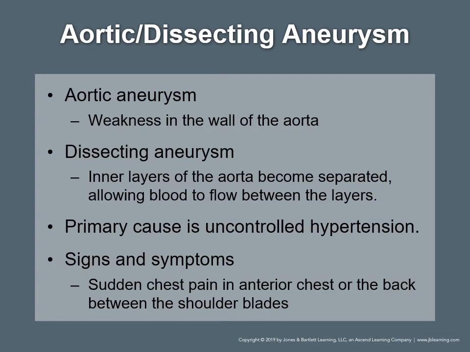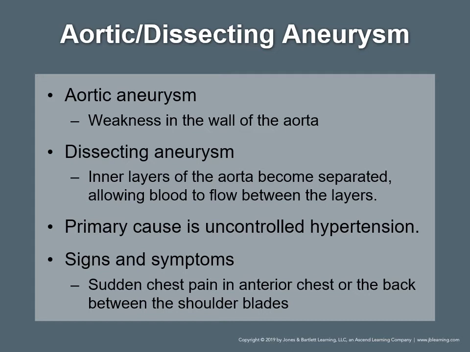Aortic or dissecting aneurysm. An aortic aneurysm is a weakness in the wall of the aorta. A dissecting aneurysm occurs when the inner layers of the aorta become separated, allowing blood to flow between the layers. Uncontrolled hypertension is the primary cause of dissecting aortic aneurysms.